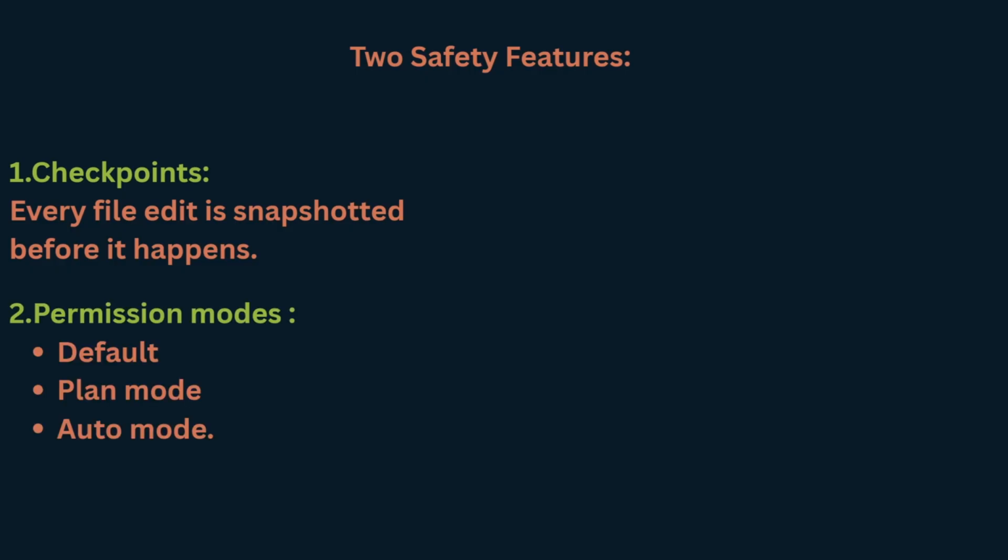Secondly, you have permission modes. Permission modes are ways of deciding how Claude behaves before executing a task. Default is always on. Plan mode is read only. First of all, it will plan with you, making sure that your instructions or the task that you are planning is unambiguous and clear, and then execute it. That is the more advised way.